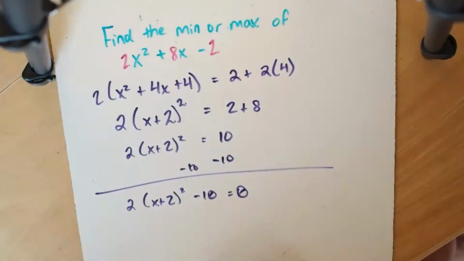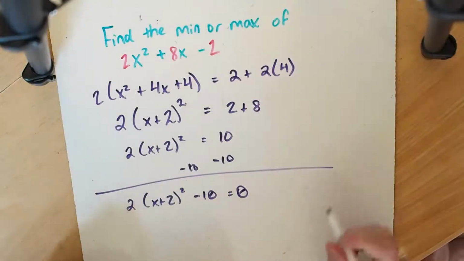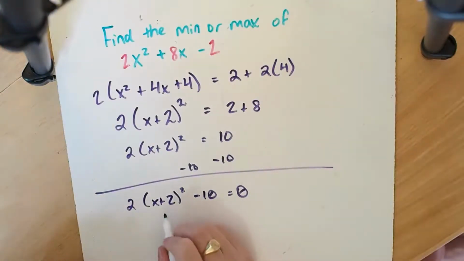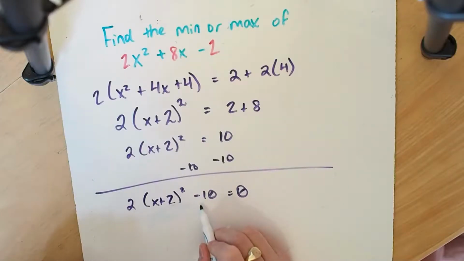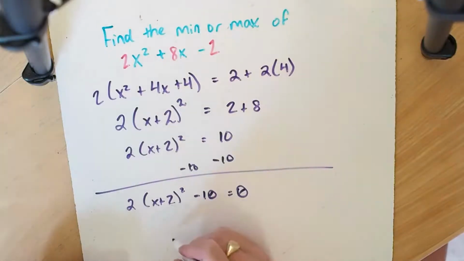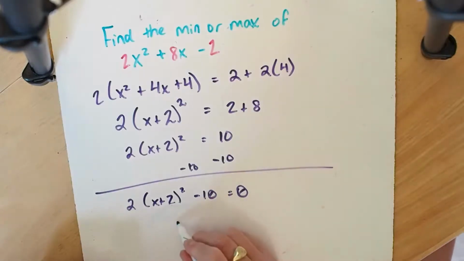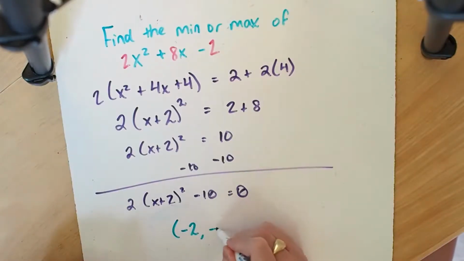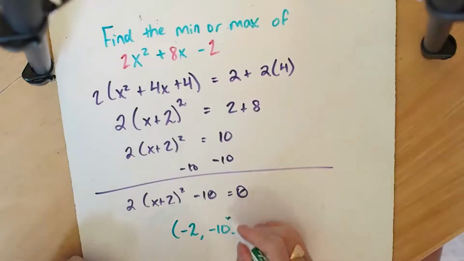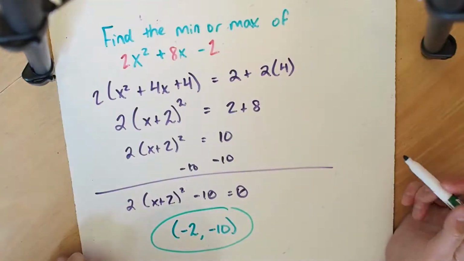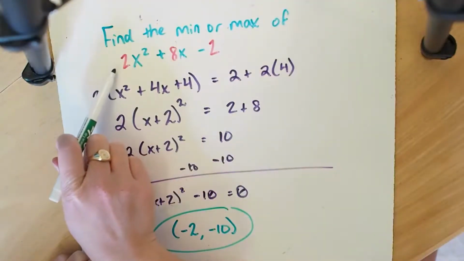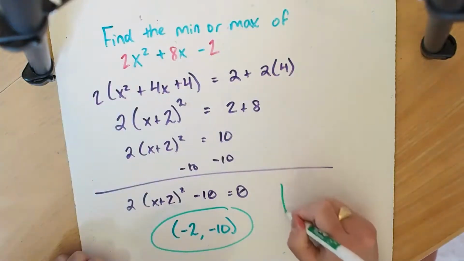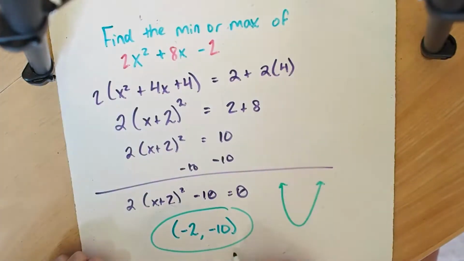If we're finding the vertex of a parabola, this is in vertex form now. The plus 2 means it's been moved left 2, and this minus 10 means it's moved down 10. So the vertex of this parabola is at the point negative 2, negative 10. Now we have to decide if it's a minimum or a maximum. Because this equation has a positive leading coefficient, we know that it opens up like this, and therefore this value is a minimum.